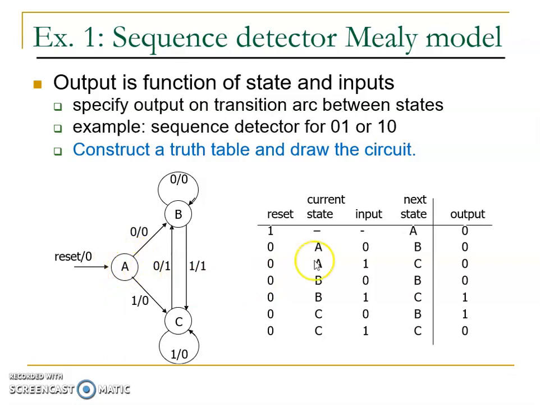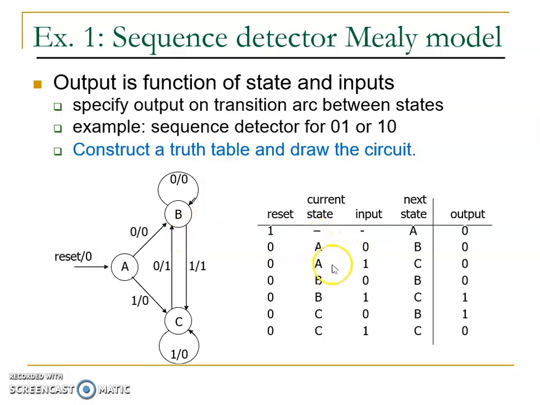From state A, we have three states A, B, and C, meaning that we need 2 bits. Because we have 3 states, and the maximum for 2 bits is 4 states, that's why we have to use 2 bits.